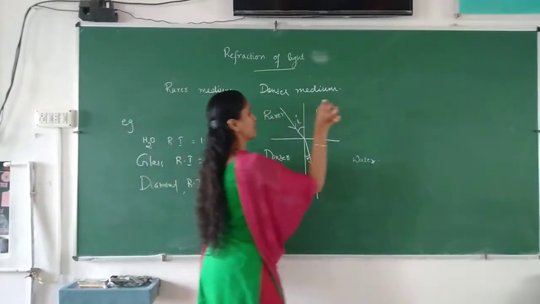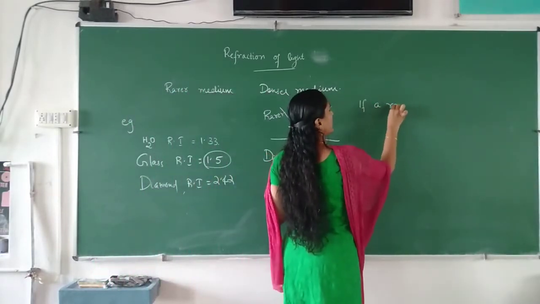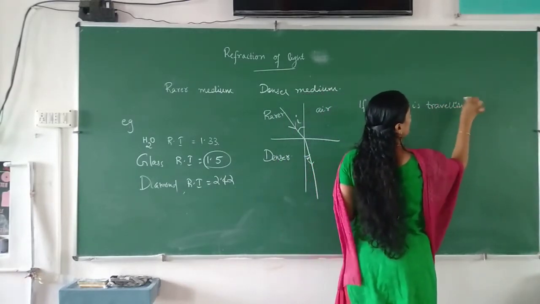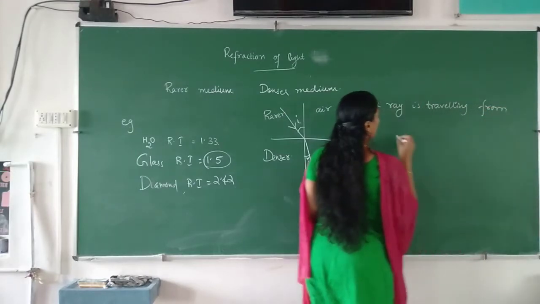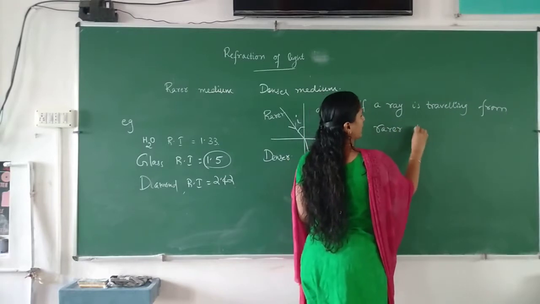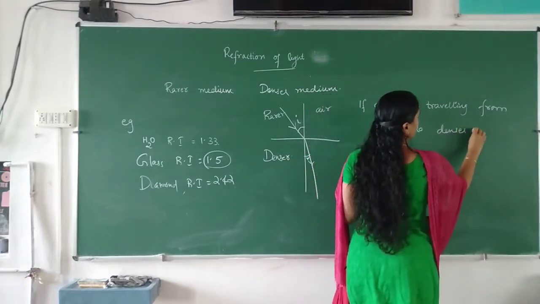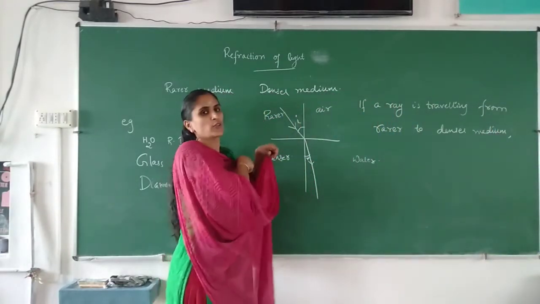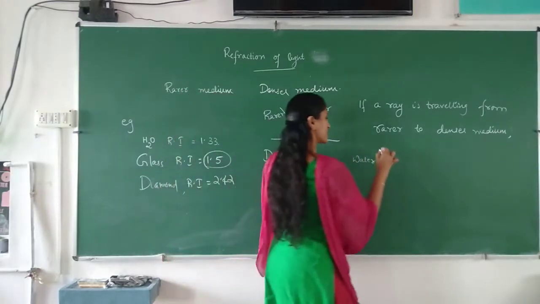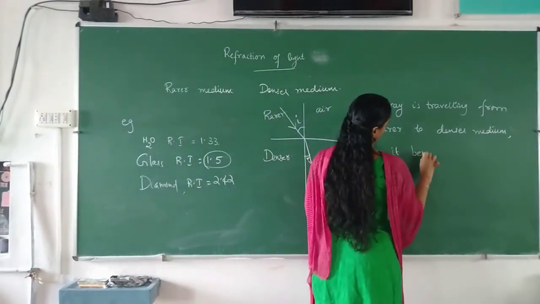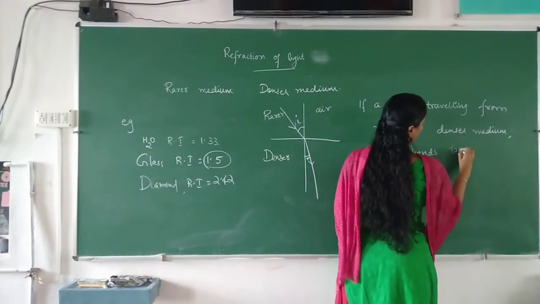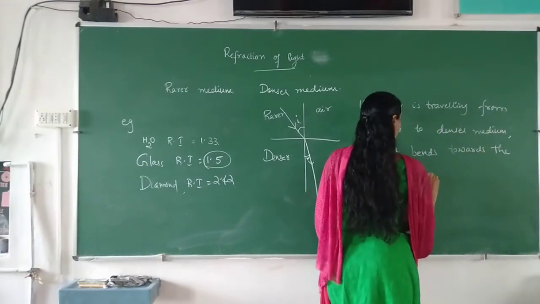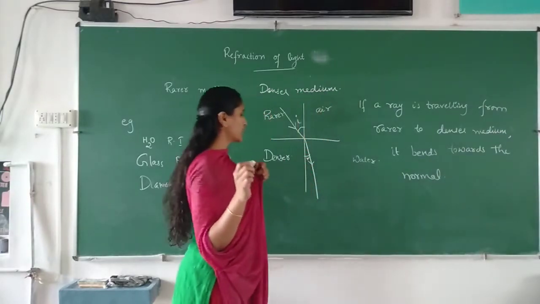So we can write: if a ray is traveling from rarer to denser medium, it bends towards the normal.